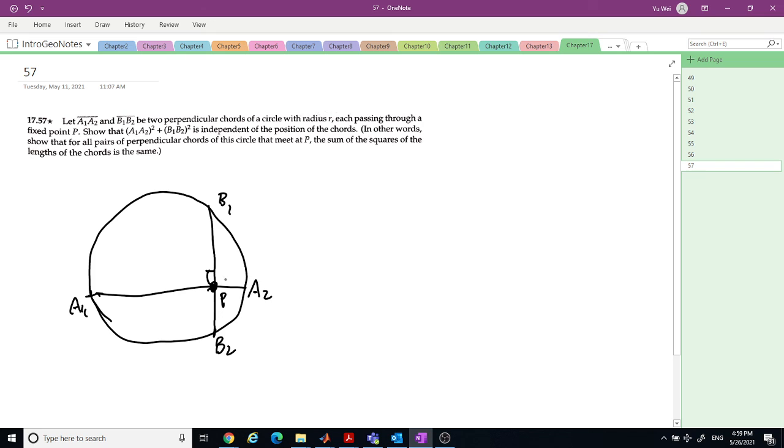So P is fixed, and O is the center. We want to prove that A1A2 squared plus B1B2 squared is independent of the choice of chords. Once we drop the perpendiculars, M is the midpoint of A1A2, and N is the midpoint of B1B2.